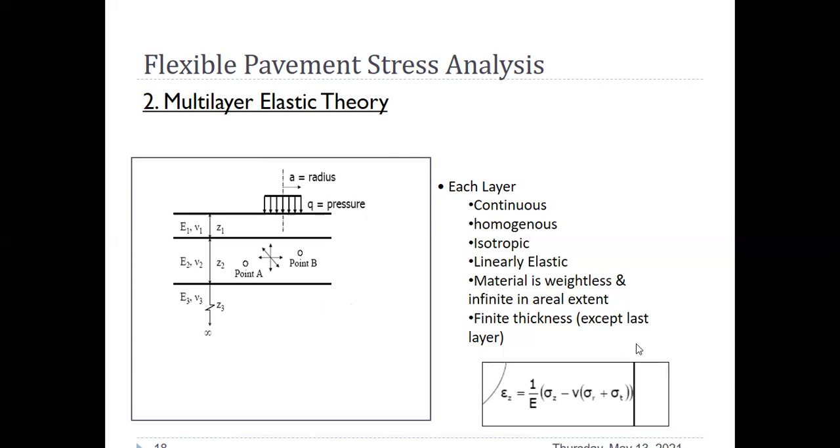Whenever we do this, we have to know that each layer is continuous, homogeneous, the same at any point, and isotropic, and the materials are linear elastic. We don't consider the material weight, and every layer has its own thickness except the substrate, which has infinite thickness.